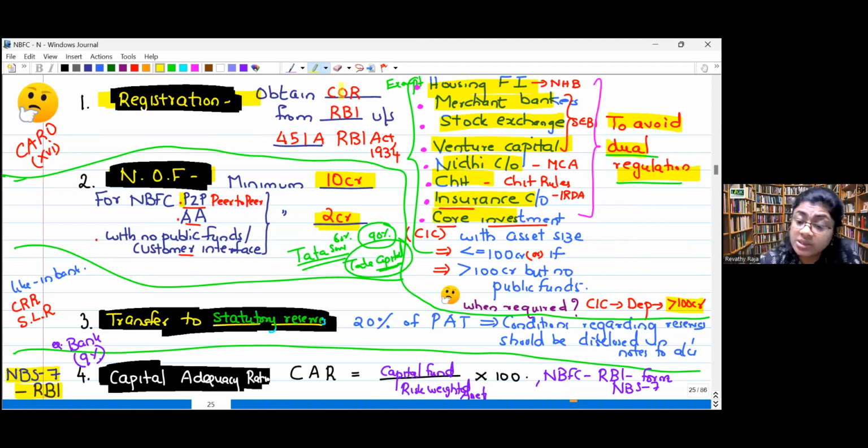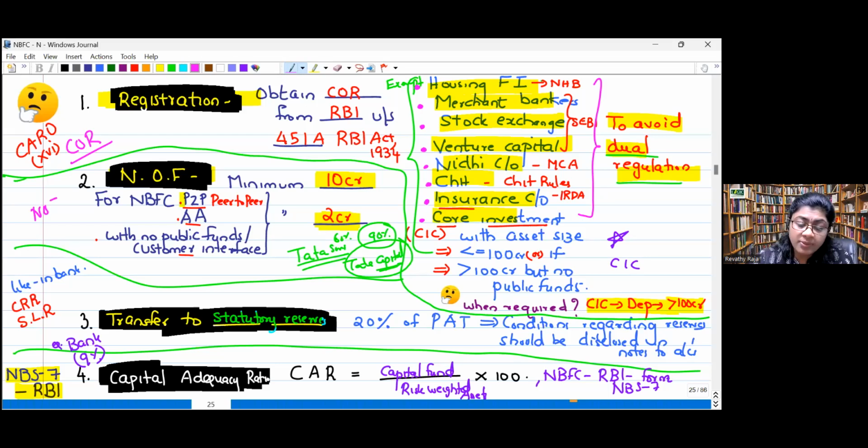Now, this is important because numerics is there. A core investment company has to obtain registration if it is accepting deposits and has an asset size of more than 100. So that was the first feature, regarding COR.